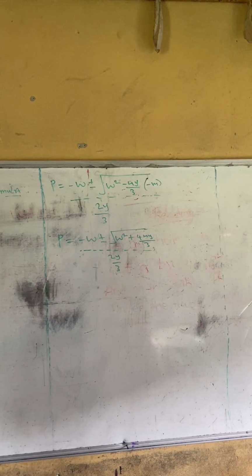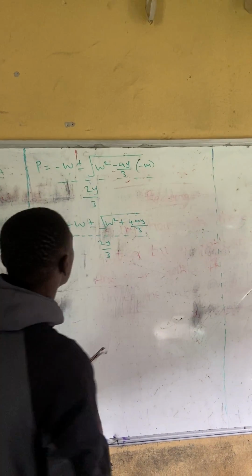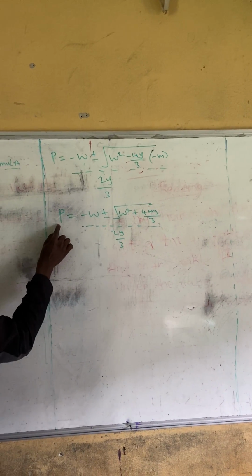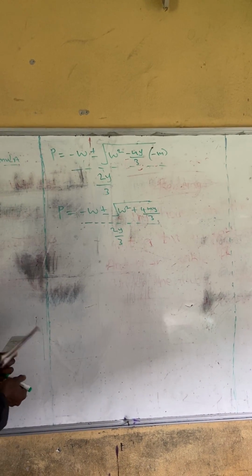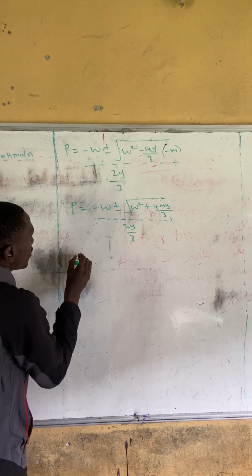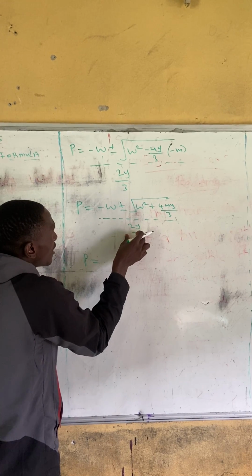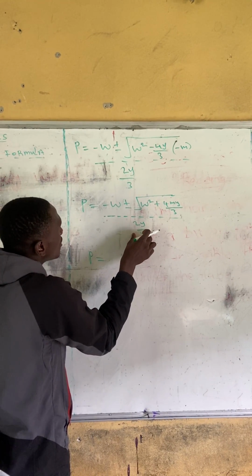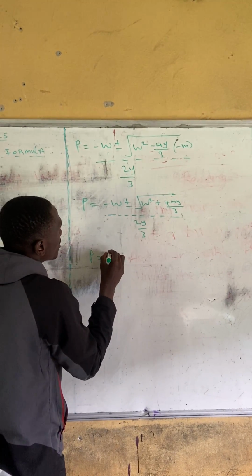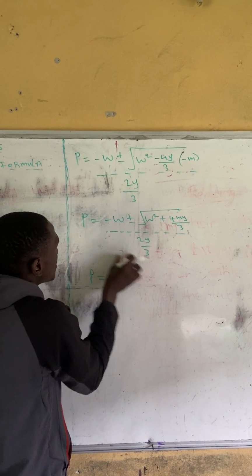Mind you, what we are looking at is making P the subject of formula, and this is our P. So, with what we have solved here, our final answer is going to be P equals to this one. This one can easily be written as 2y all over 3. We take it up.